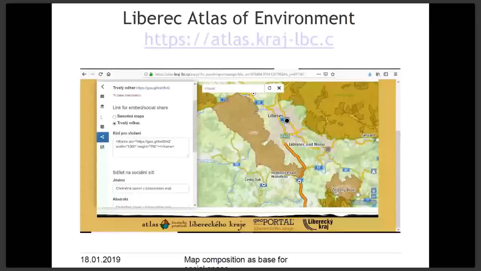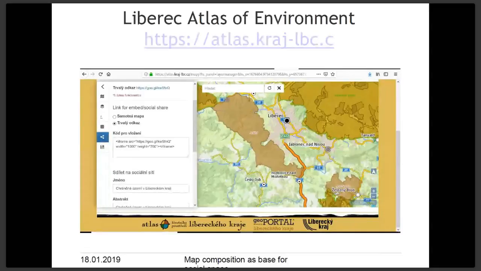We started first in relation with the hackathon, and it is now already developed. Next week during the hackathon, this plugin will be published. We started to work with QGIS, and we started to implement the possibility to use in QGIS all these map compositions which are now in the Liberec region.